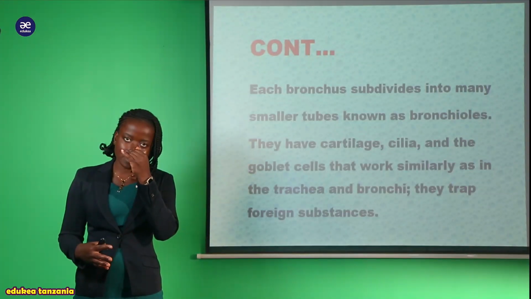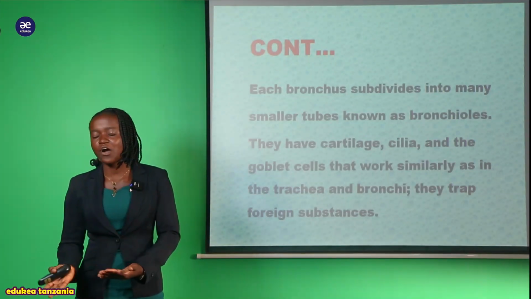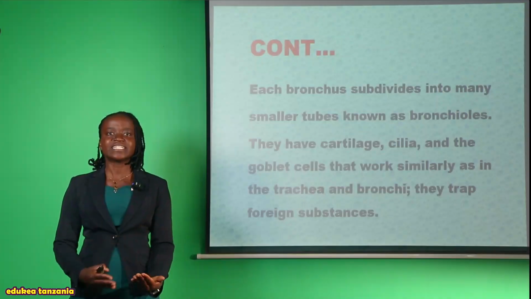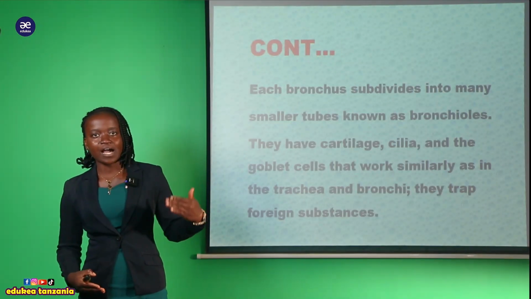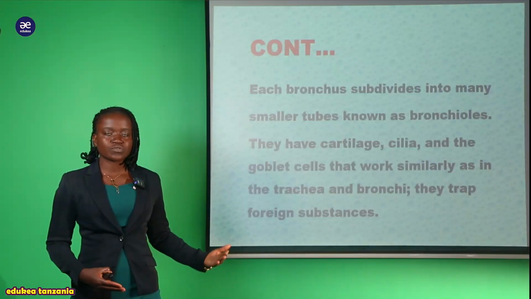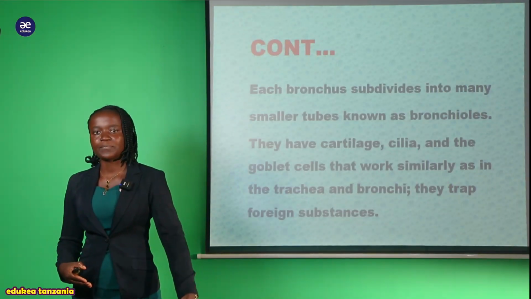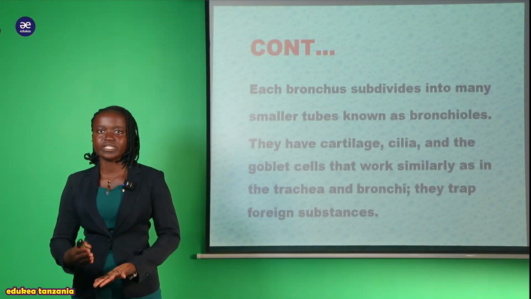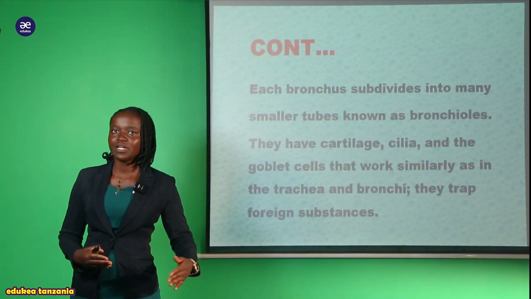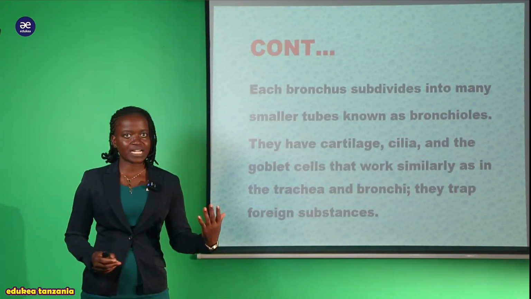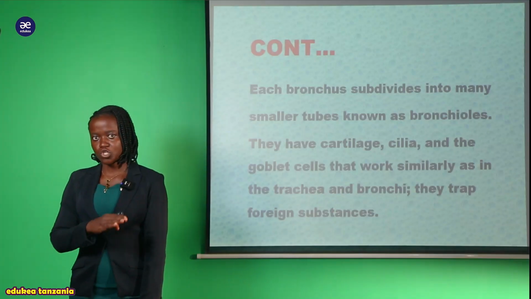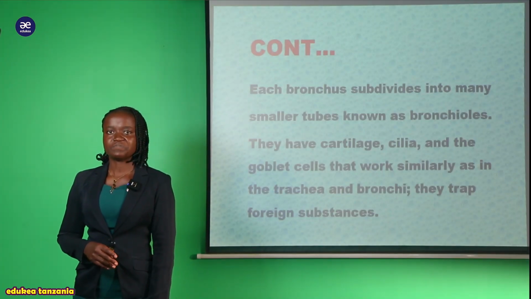Kama patakuwa na dust ambayo itakuwa imebaki labda au microorganism aliingia accidentally hakuweza kutrapped within the trachea or within the bronchi, these bronchioles will work upon that bacteria and kill it. Kwa sababu ikiingia kule ndani ya alveoli inaweza kusababisha matatizo makubwa zaidi. So those are the roles of branching of these tubes.